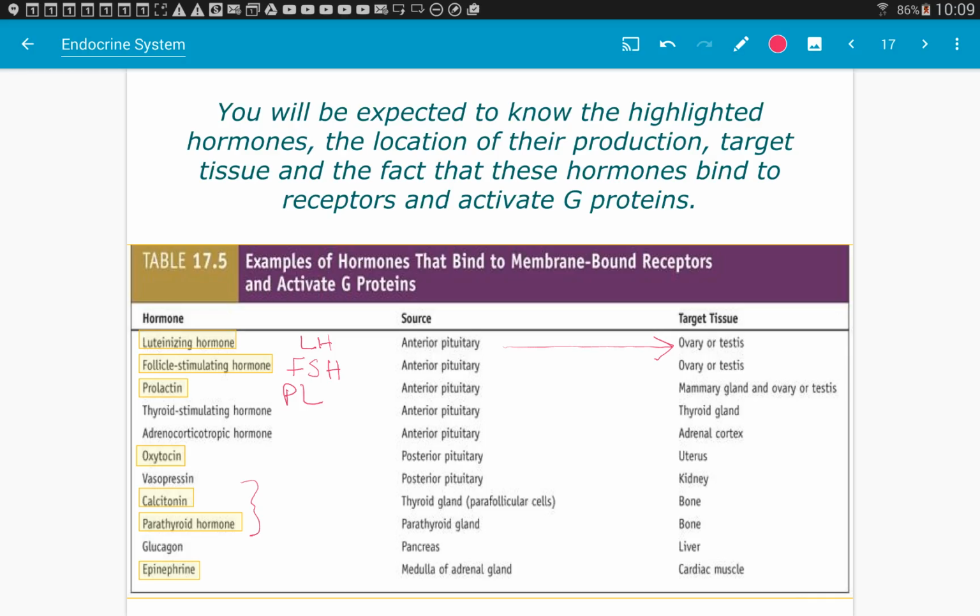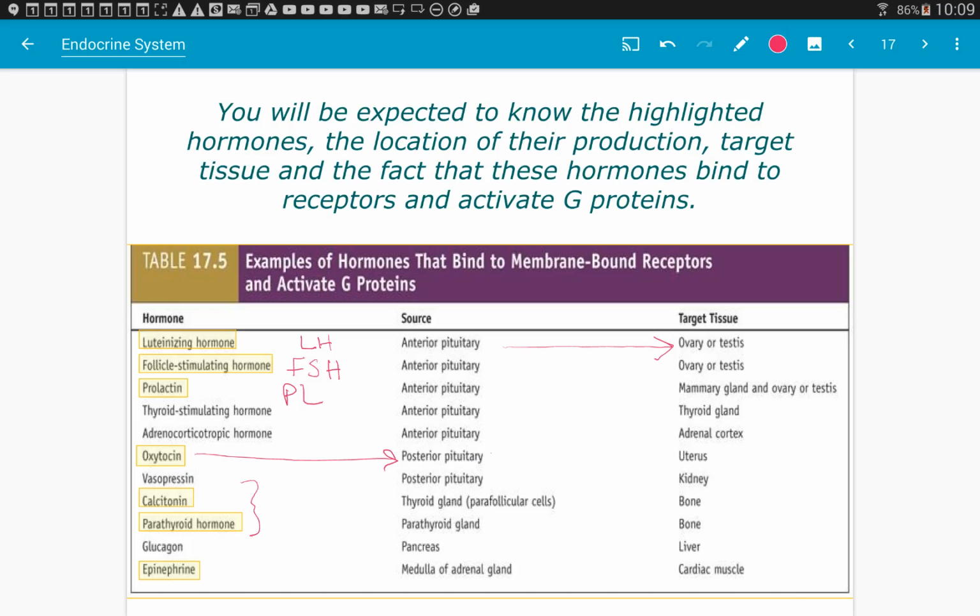If we look down here, oxytocin, posterior pituitary. As a reminder, the posterior pituitary is directly connected to the hypothalamus, which is under neuronal control, not hormonal control.